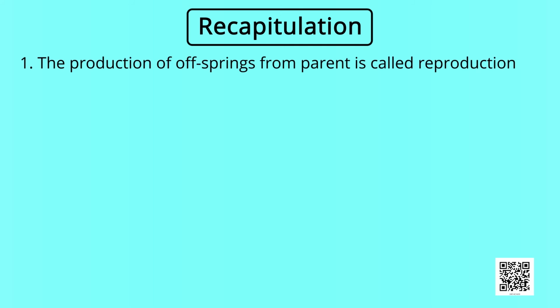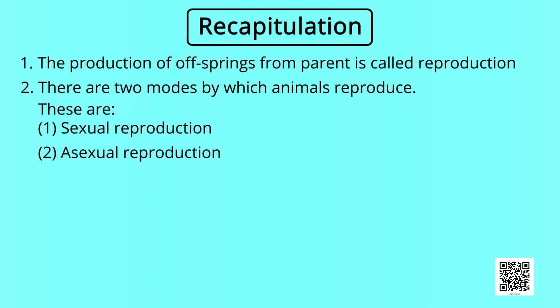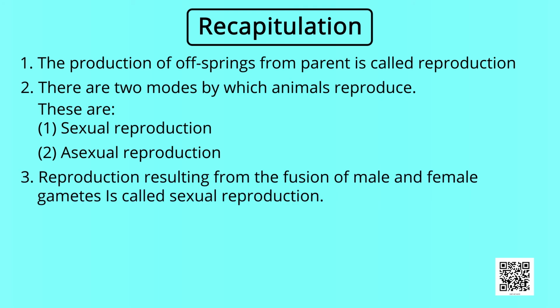Recapitulation. The production of offsprings from parent is called reproduction. There are two modes by which animals reproduce. These are sexual reproduction and asexual reproduction. Reproduction resulting from the fusion of male and female gametes is called sexual reproduction.